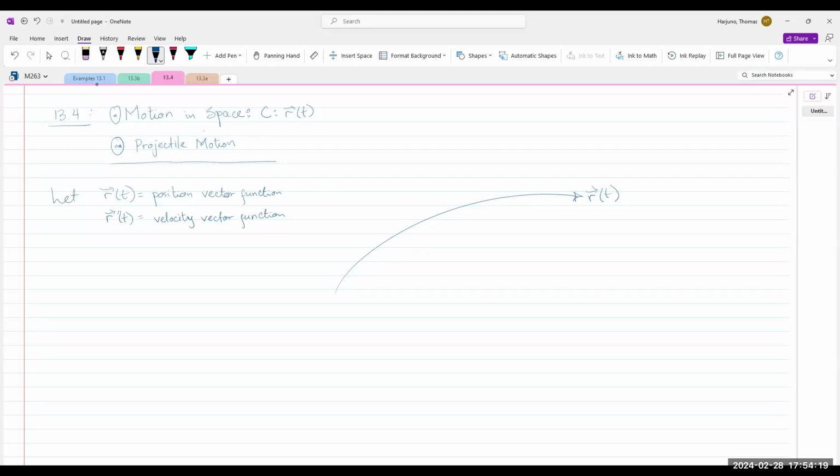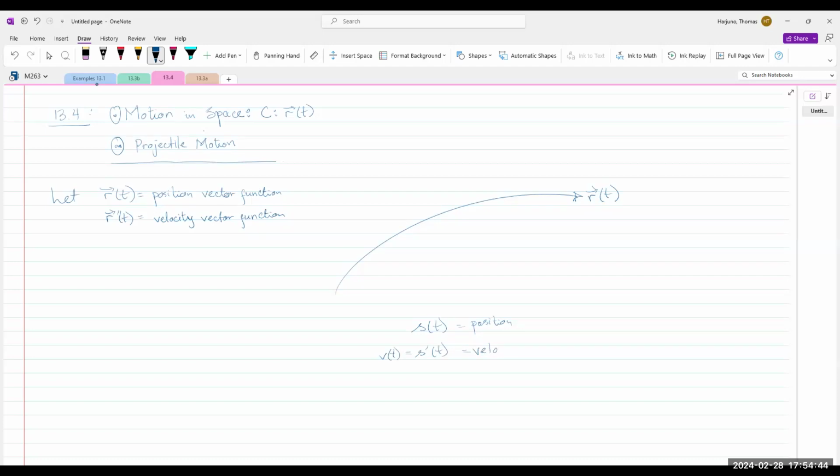If you remember in Calc 1, we learned s(t) as the position on the number line, position at time t. And then s prime(t), we call that the velocity function, how fast it actually moves.